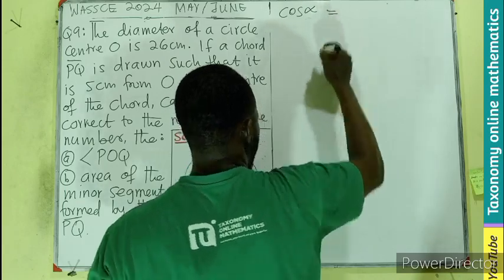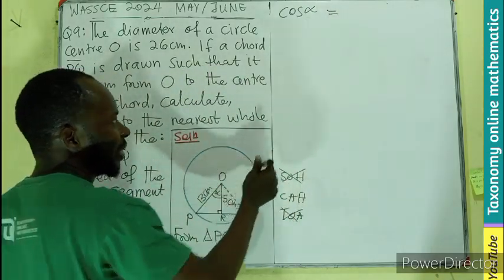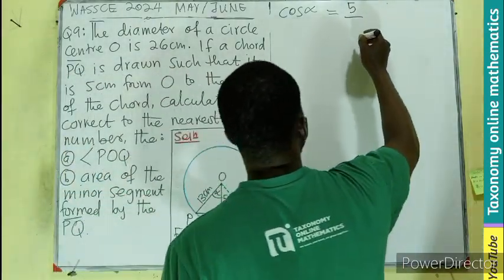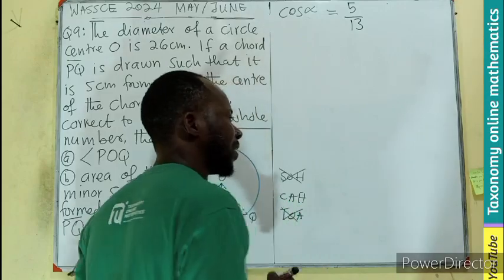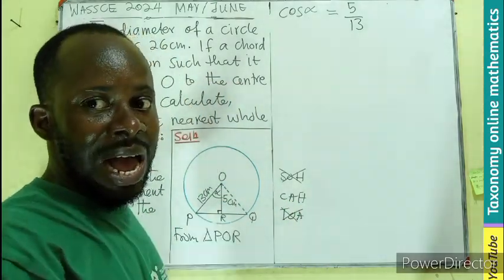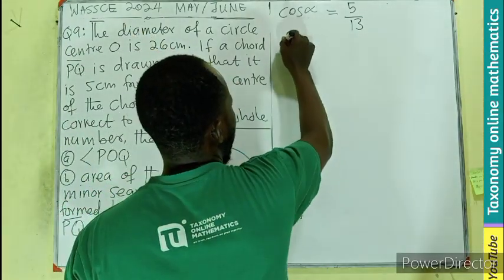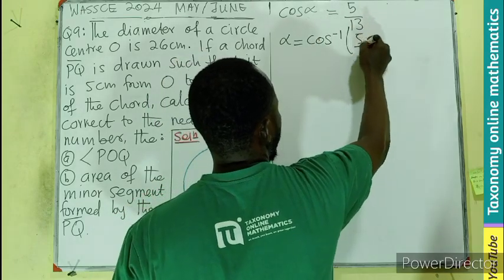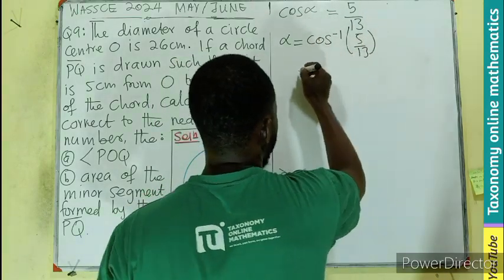Alpha equals the adjacent side, which is 5, divided by the hypotenuse, which is 13. But we are looking for the angle, so alpha equals cos inverse of 5 on 13.